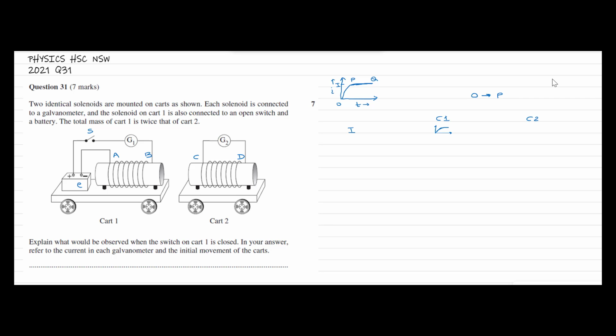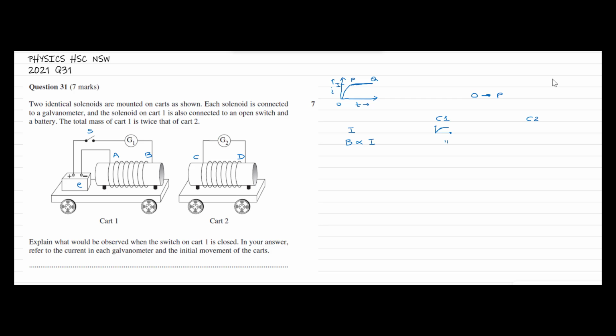All right. Right now we focus on card C1. So what happens to the magnetic field B? The magnetic field inside a solenoid is directly proportional to the current, so it will also follow the same path. It will start from 0 and go to a maximum value.